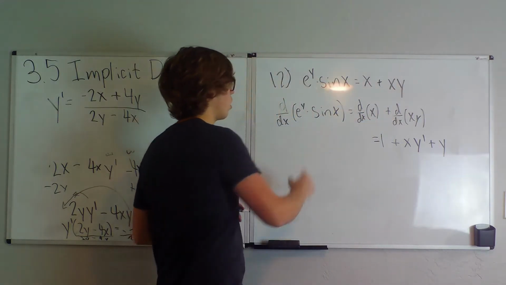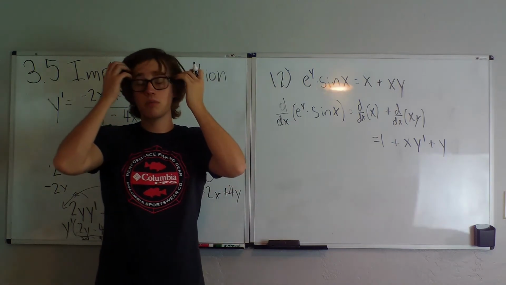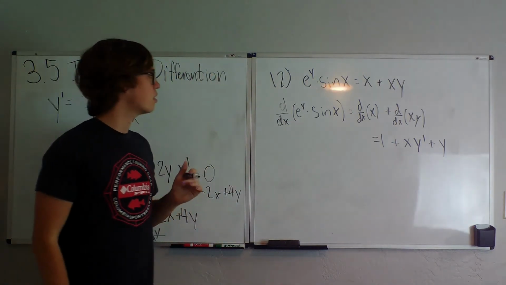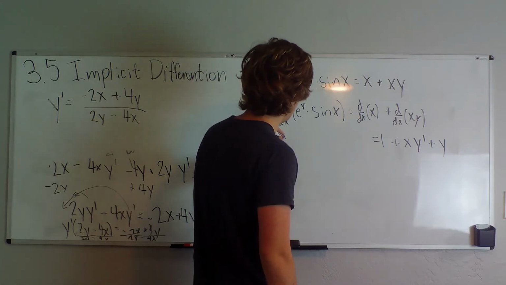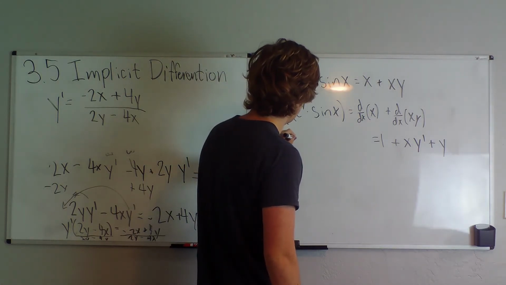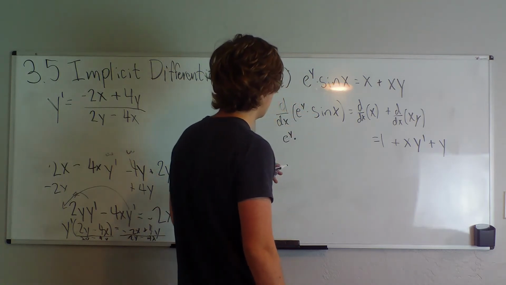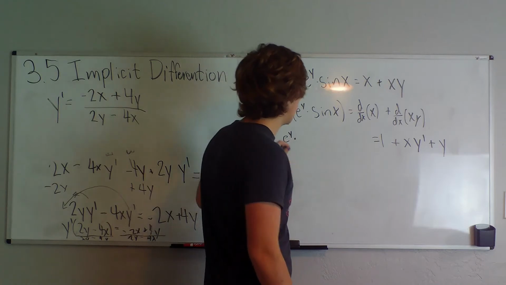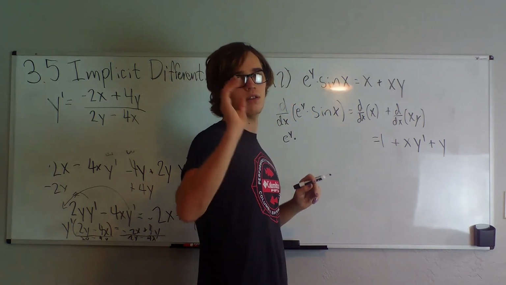Okay, now the hard stuff. Derivative of e to the y times sine x. Well, it's just product rule again. First d last plus last d first. So e to the y times sine of x. What's the derivative of sine of x?